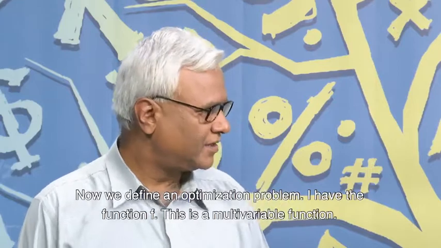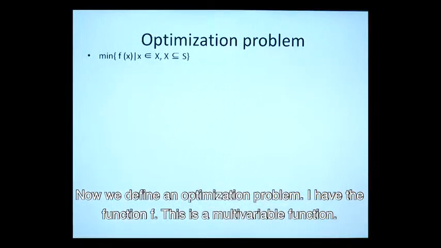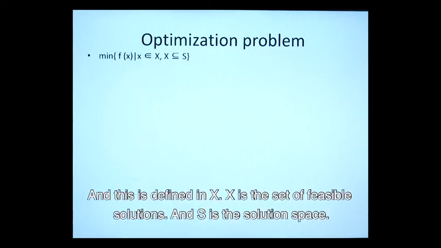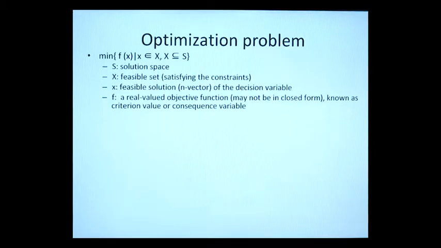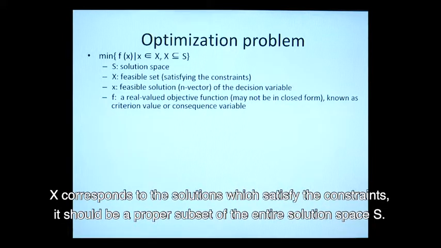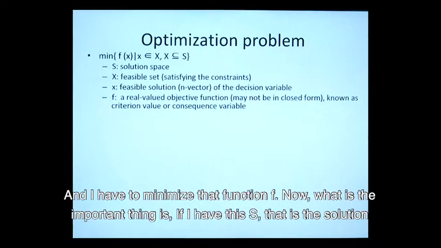Now, we define an optimization problem, a general optimization problem. So, I have a function f, this is a multivariable function and this is defined on capital X, where capital X is the set of feasible solutions and S is the solution space. So, capital X corresponds to the solutions which satisfy the constraints. So, it should be a proper subset of the entire solution space S, and I have to minimize that function.